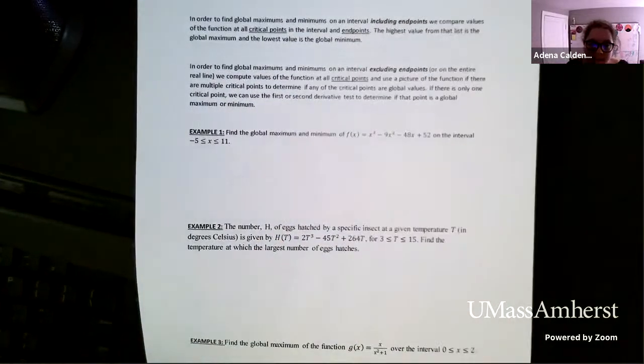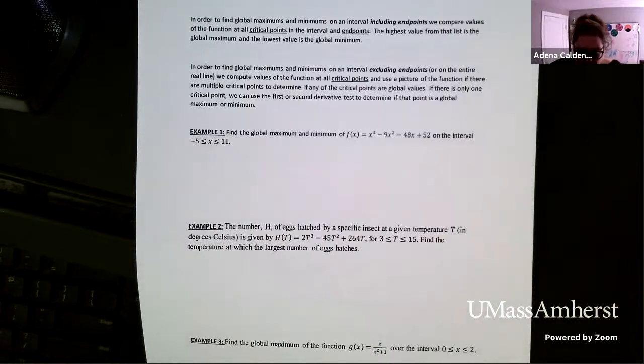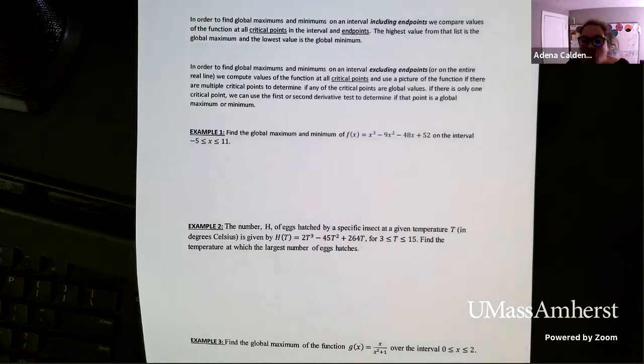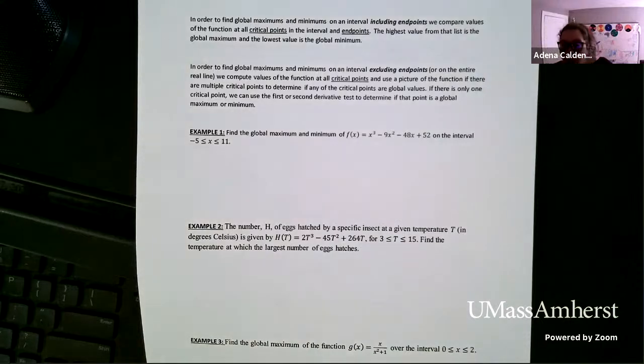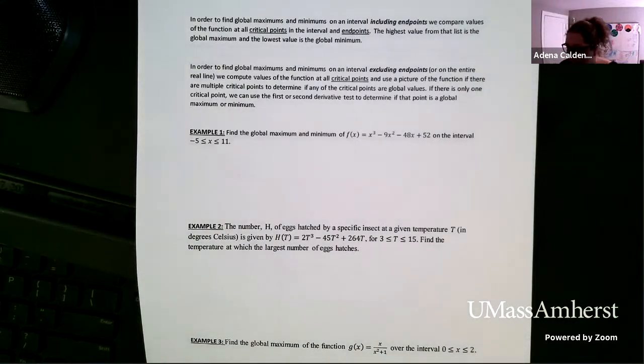So our process, if we are looking for a global maximum and global minimum, is to start by finding the critical points. Once we have critical points, we make a list of all critical points and all end points that are given to us for the function. We then plug each of those values back into the original function to compare the y values.